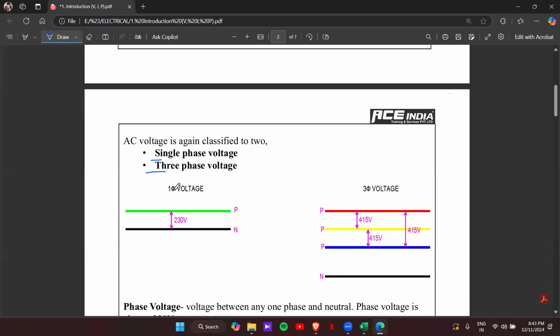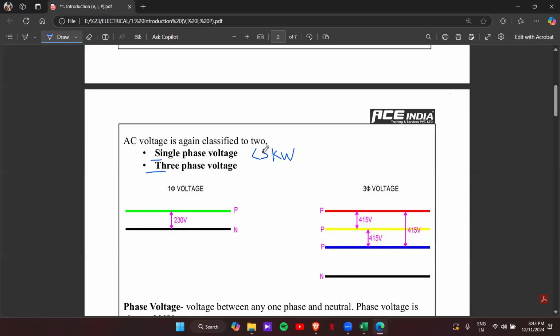So let's consider if you're having a building. In that building, the total connected load is less than 5 kilowatt. Total connected load means you'll be calculating all the load of the equipments, like light, fan, TV, mixie, AC, whatever components you are using in that space in your house.